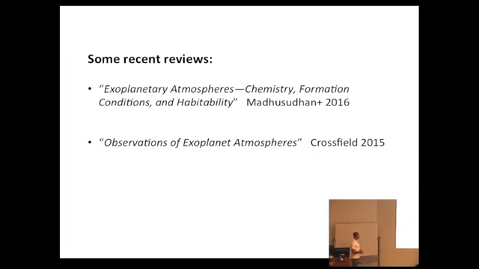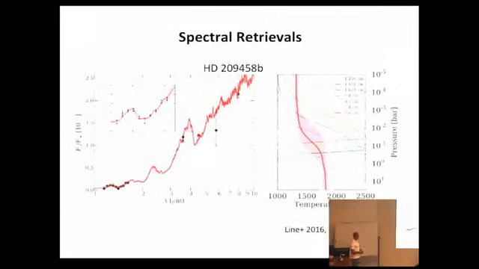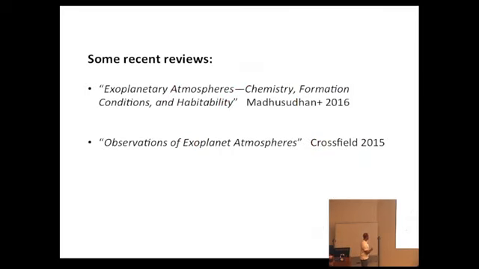And it's a discussion of the impact of spectral retrieval on the analysis of data and the development of that area over the last few years, and how I think it's perhaps just as important as the development in our observational capabilities to obtain high-quality data.